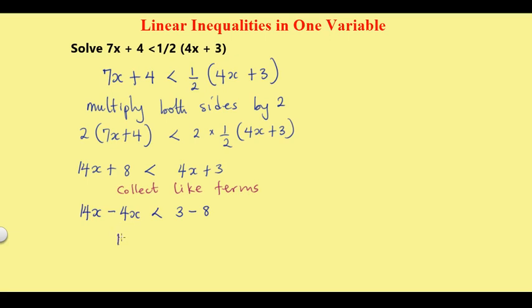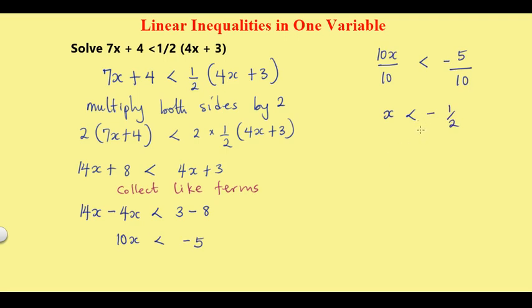This gives us 10x less than minus 5. So here we have to divide both sides by the coefficient of x, which is 10. That means it becomes 10x divided by 10 is less than minus 5 divided by 10. x is then less than minus 1 over 2.